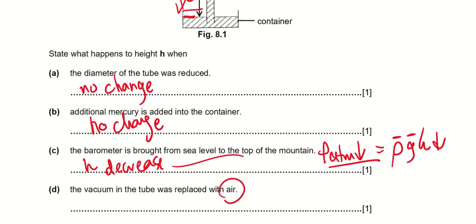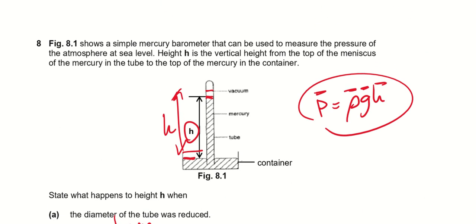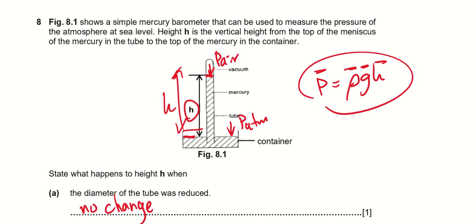Now the vacuum in the tube is replaced with air. Remember when I told you, if there is a surface that is acted upon by pressure, please indicate it. So now we have P air. Where do we have same liquid, same level, same pressure? This is P atmosphere, same liquid, same level, same pressure. So PATM, before that, was rho gh.